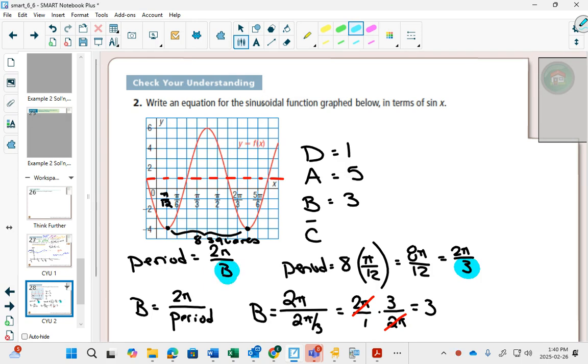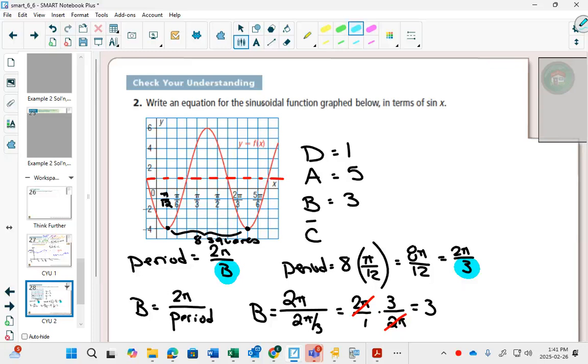If you could write your period as 2 pi over something, then the something is going to be your B value. That would be a shortcut. It doesn't always work that you have that shortcut available, but in this situation we did. Because we were able to write our period as 2 pi over 3, so therefore I would know my B value is 3.